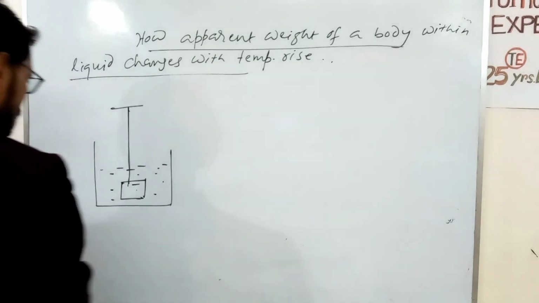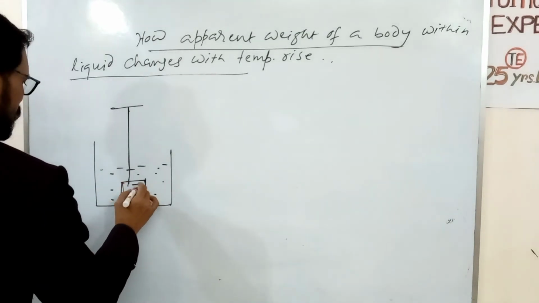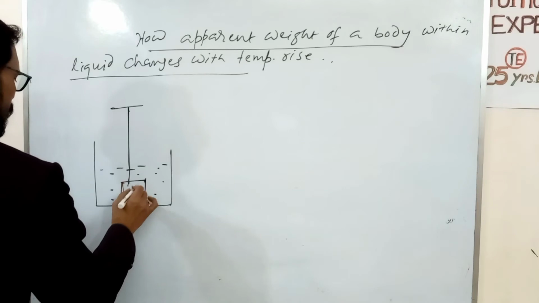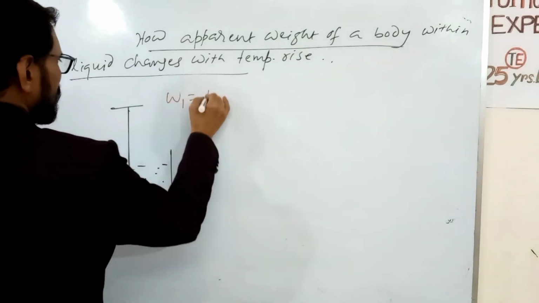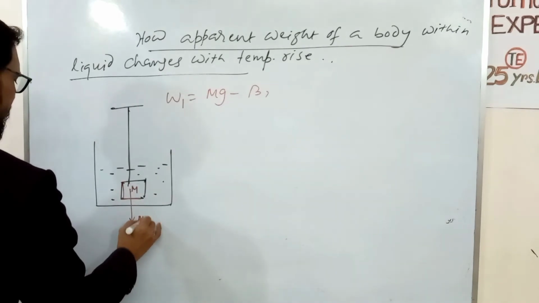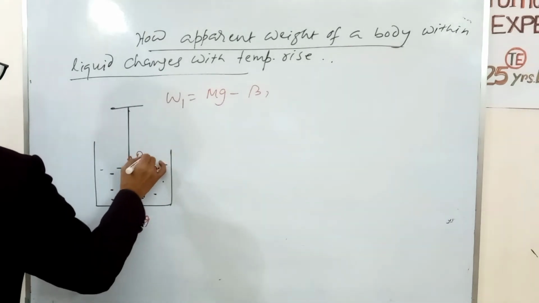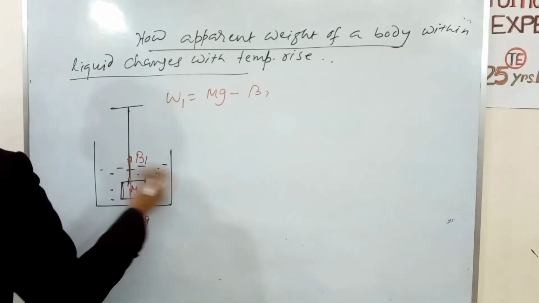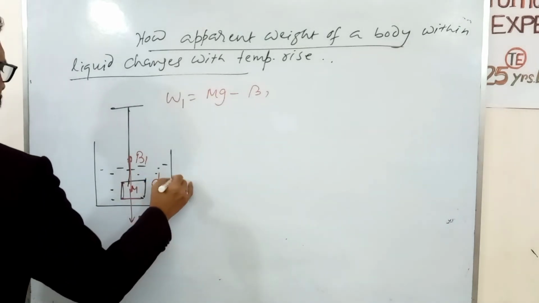Suppose the mass of the body is m. The apparent weight of the body is W1 equal to mg minus the buoyancy force. This is the buoyancy force, and the weight acts in this way. The density of the liquid is d1 at T1 degrees centigrade.